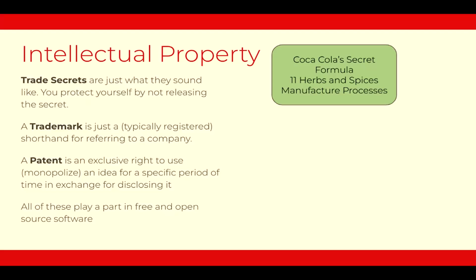If you walk into Coca-Cola's vault and unlock the secret formula and start making Coca-Cola, you can compete directly with them. You've probably done industrial espionage, so you probably have to get away with that or spend some time in jail. But if you discover the trade secret, then it's pretty much gone. Trademarks are just a shortcut for referring to things.